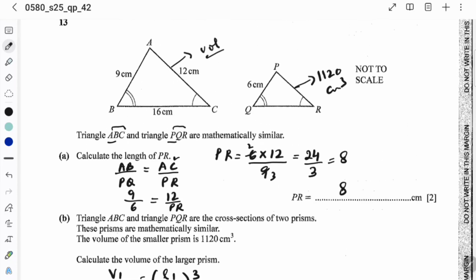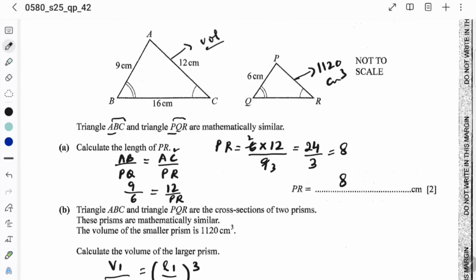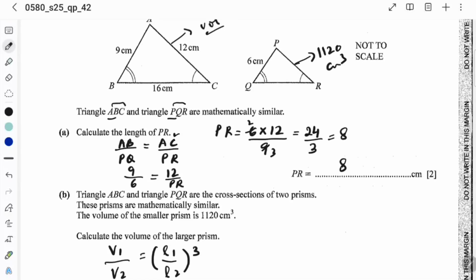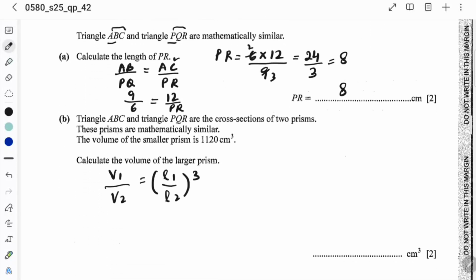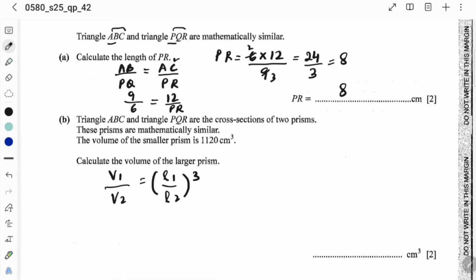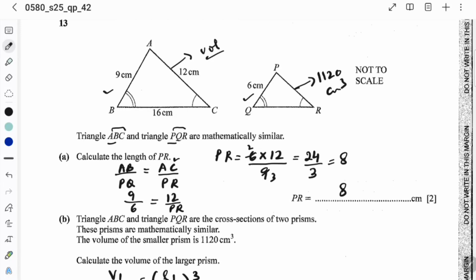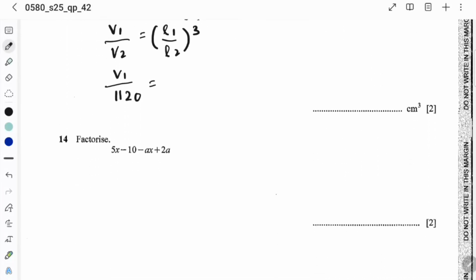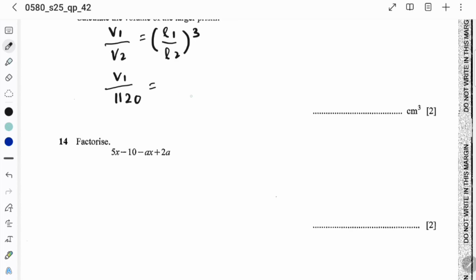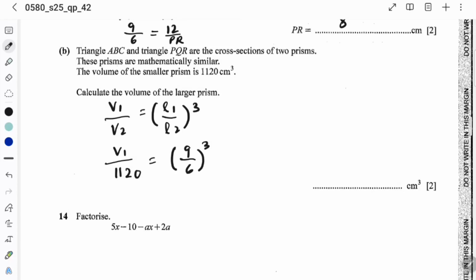If I'm going to take V1 as the bigger one, so V1 is unknown, and V2 is 1120. L1 I'll take 9 and L2 I'll take 6. Okay, 9 over 6, which is equal to 3 over 2.